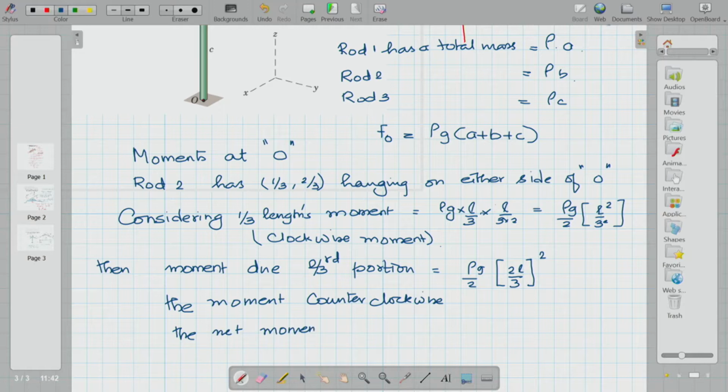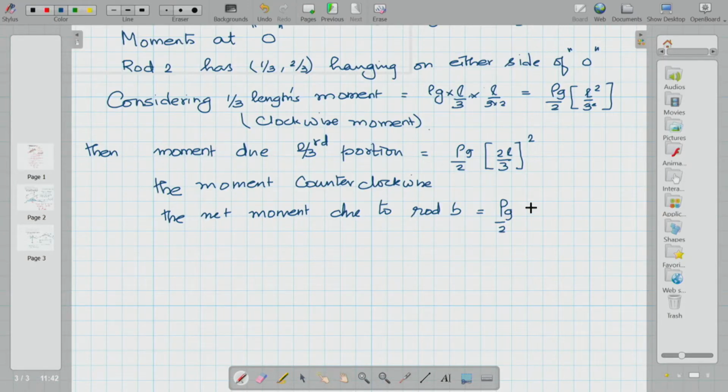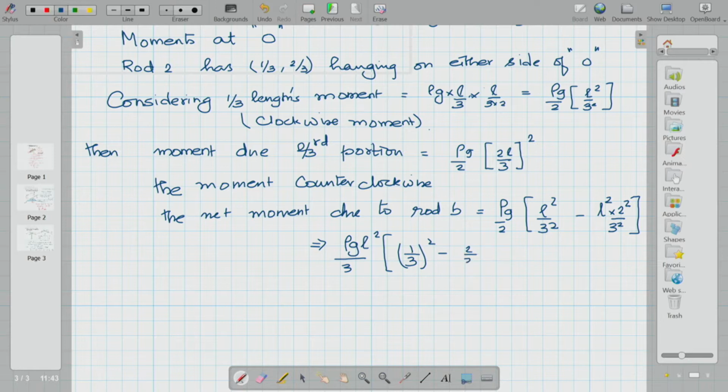The net moment due to rod B is going to be equal to rho g by 2 into (L squared by 3 squared minus L squared into 2 squared by 3 squared), or rather it is rho g L squared by 2 into ((1 by 3) the whole square minus (2 by 3) the whole square).